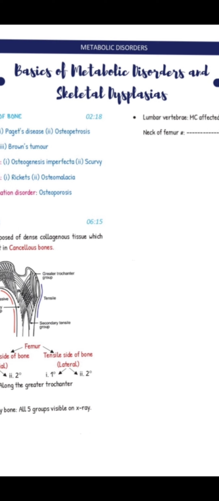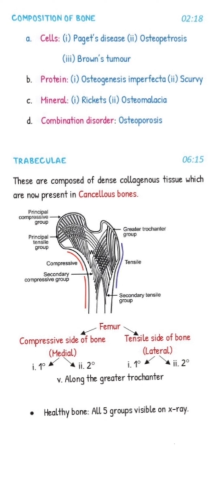So look at the photo, principal compressive group. There you will get principal compressive group. From there the force gets transmitted downward, and another is principal tensile group. This one is compressive group and here is tensile stress, goes like this.